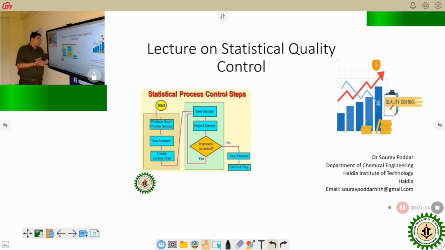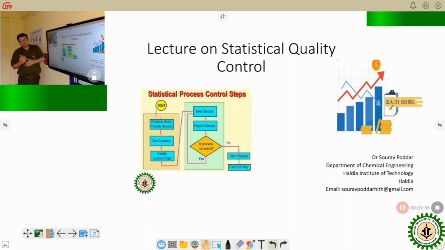As you see from the initial presentation, I have started with a flow sheet. What does this mean? When we are going to utilize the whole system, we will have a flow sheet that will have a start followed by the product goods.